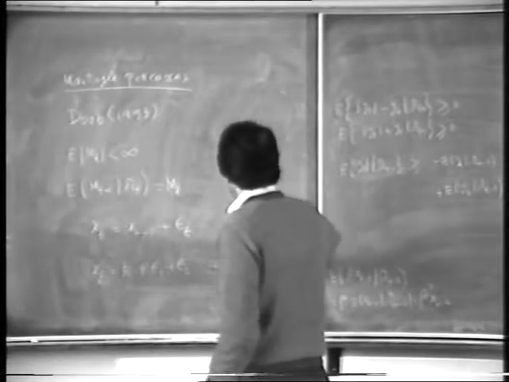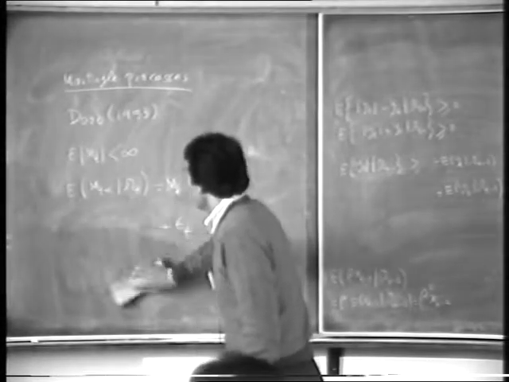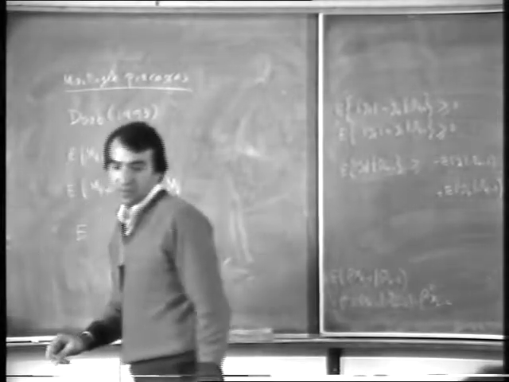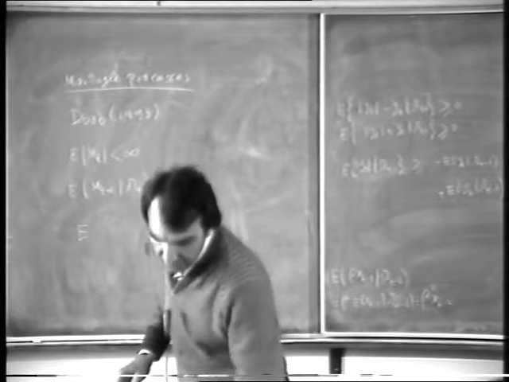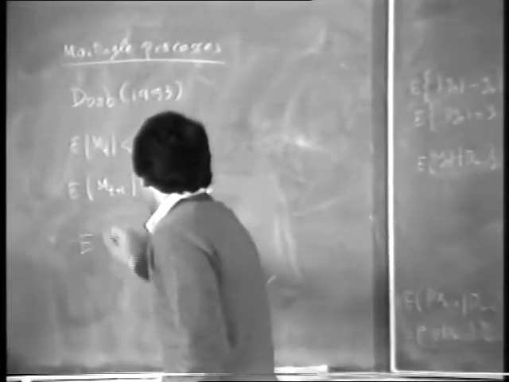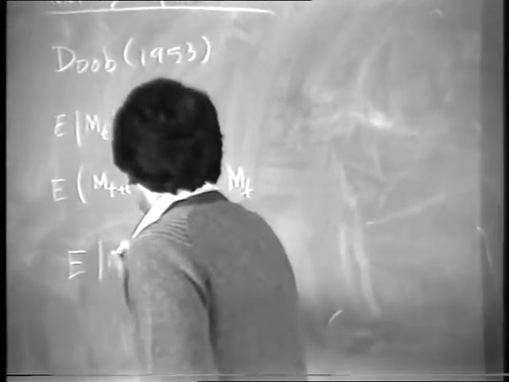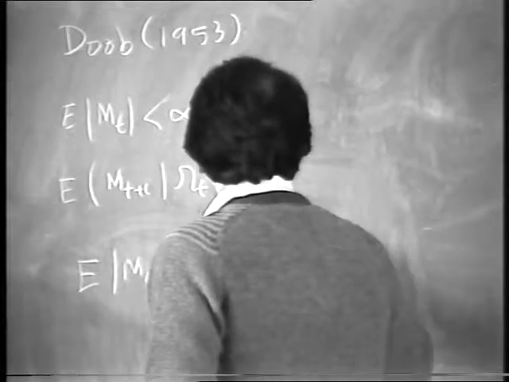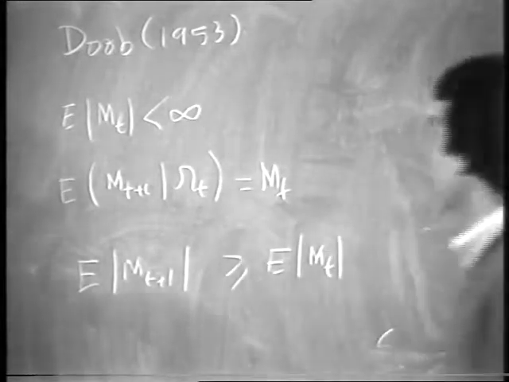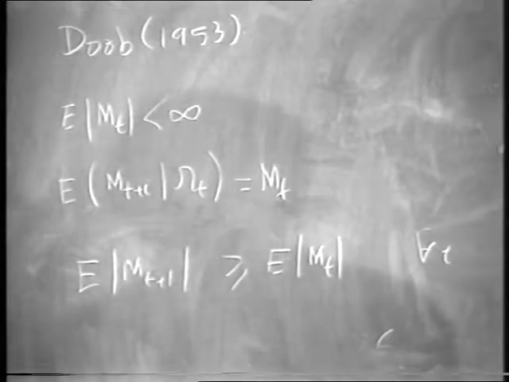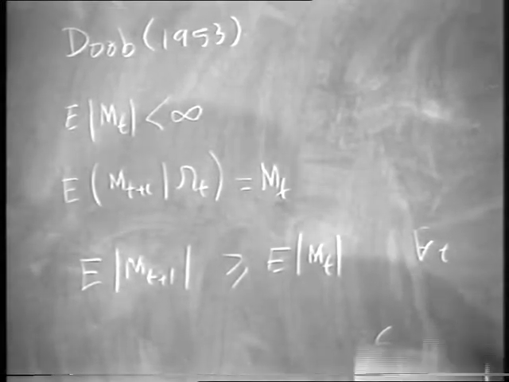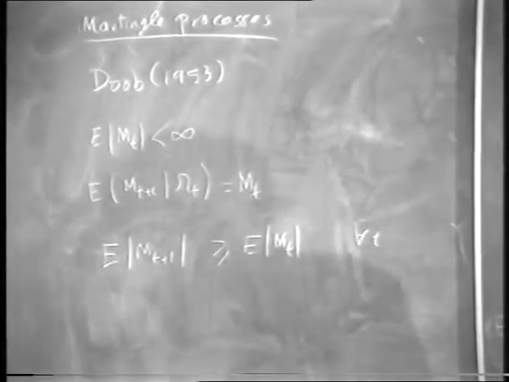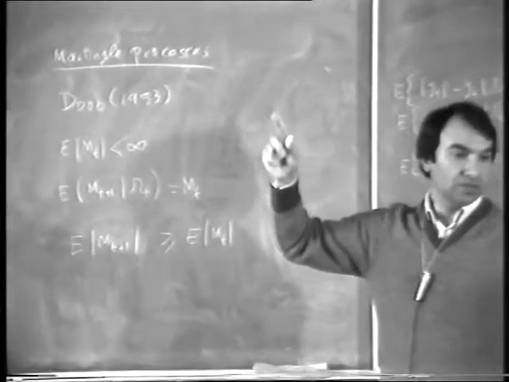Now, what are the major properties of a martingale which we want to use later on? One is that the expected value of the absolute value of m_{t+1} is always larger than or equal to the expected value of the absolute value of m_t, for all t. What it means is that for a martingale, the expected value of its absolute value would always be rising as time t proceeds.